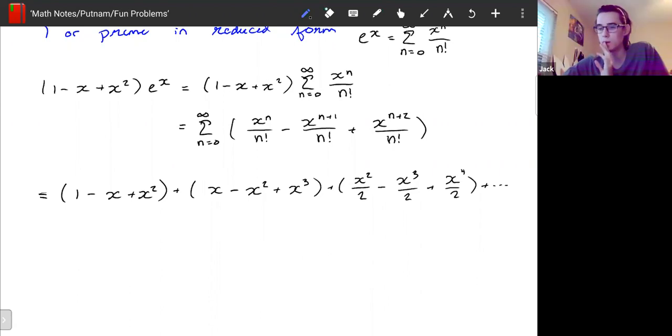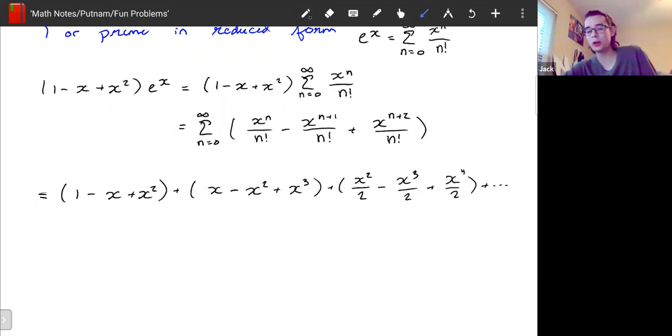All right. So if we look at these first two terms here, we can see that we get some cancellations because we have a negative x and then a positive x, and then a positive x squared and then a negative x squared, right?